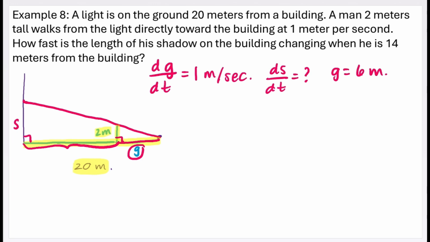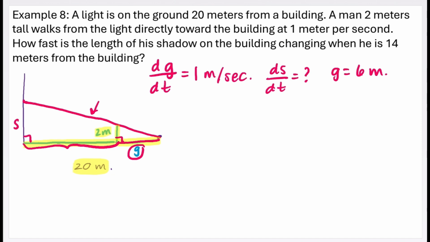All right, so we need to come up with an equation or a formula that we can use for this particular triangle. Now, we're not going to be using the Pythagorean theorem because we have no information about this length, or we don't even want to know anything about that specific length. But we do have this relationship between the large triangle and the small triangle.